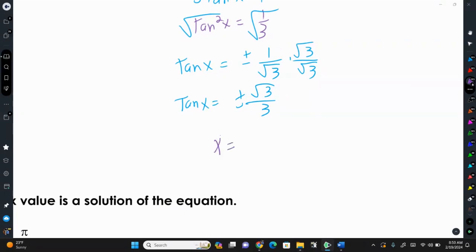And we want the positive and negative, plus or minus. So we got pi over 6, 5 pi over 6, 7 pi over 6, and 11 pi over 6. So at all of those angles on the unit circle, tangent is either positive or negative square root of 3 over 3.